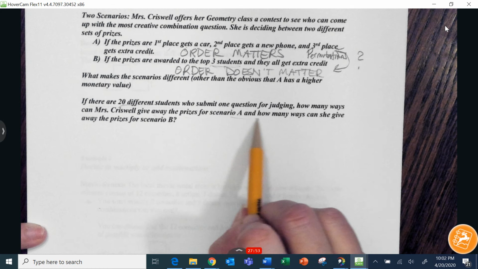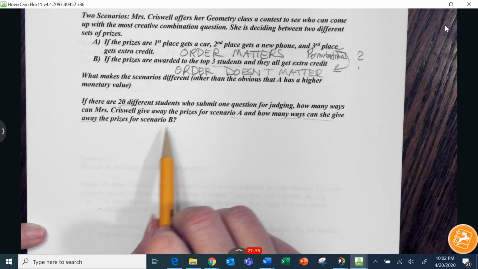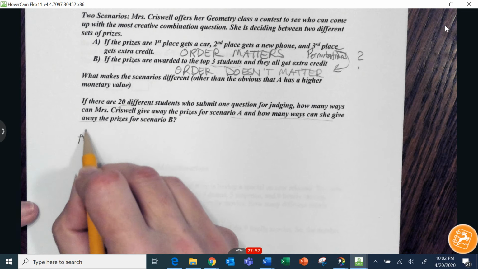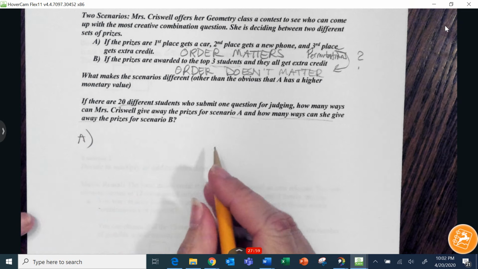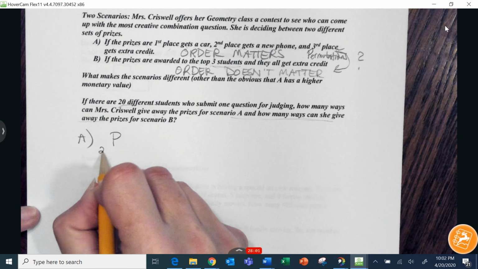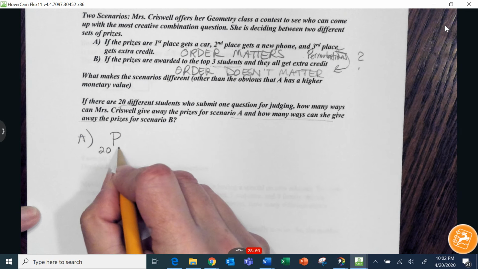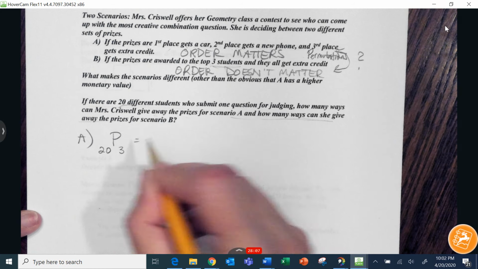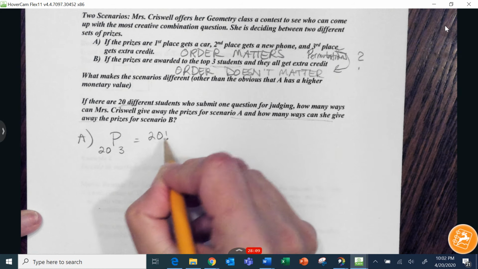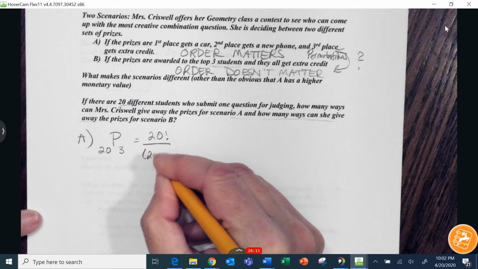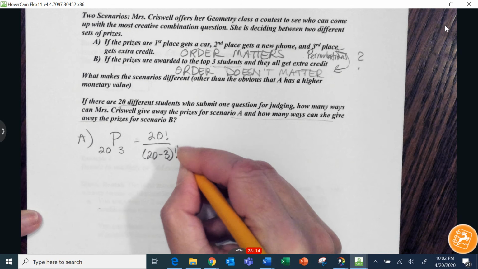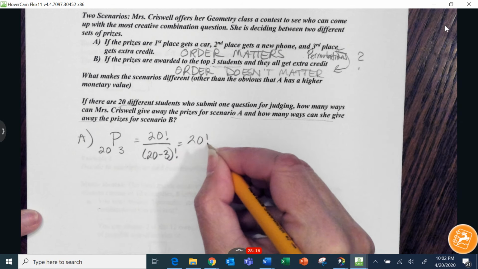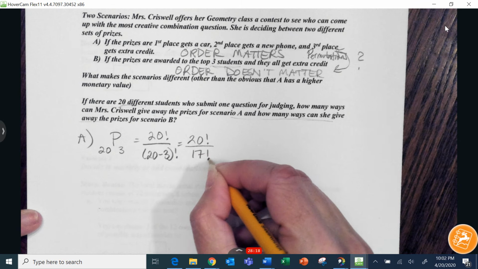For scenario A, how many ways can she give away the prizes? If we're talking about a permutation, then we've got 20 students to pick from, and we're just doing 3, and the order matters. So we'd have 20 factorial over 20 minus 3 factorial. So I have 20 factorial over 17 factorial.